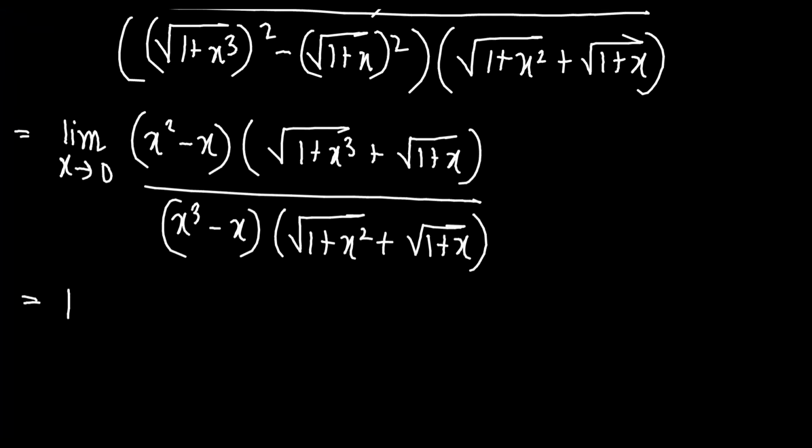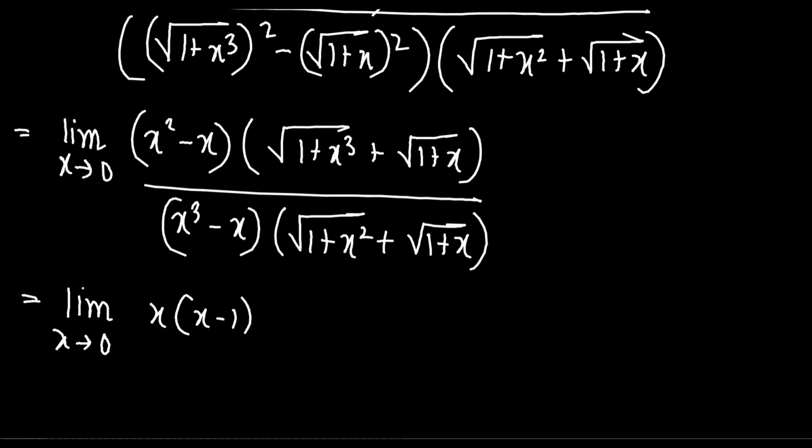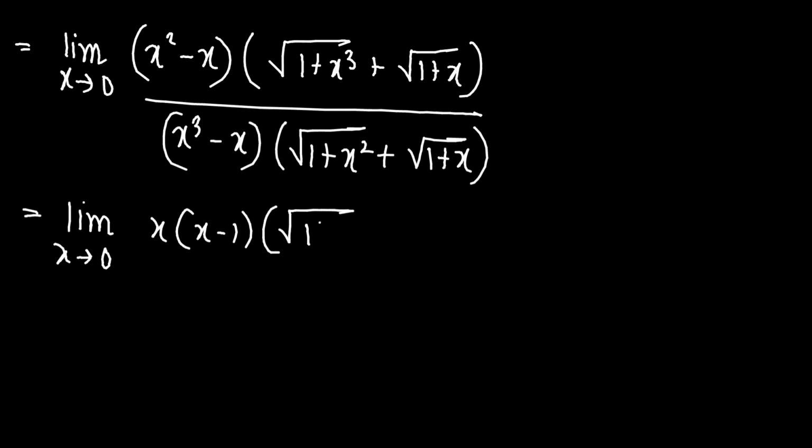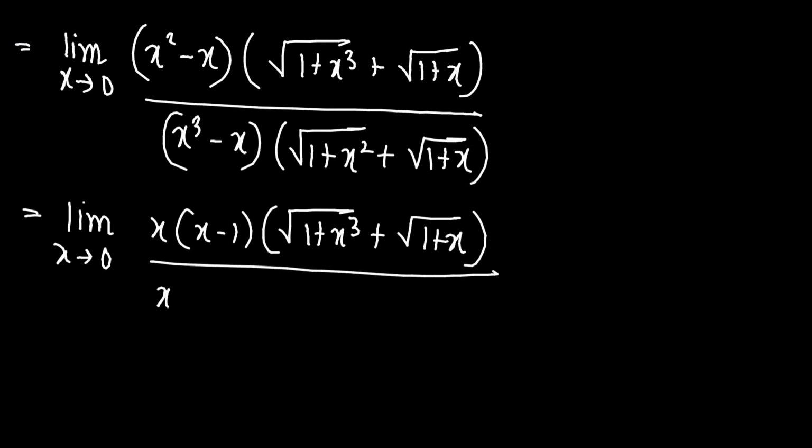Okay, now we take x common, so it is x minus 1 into root over 1 plus x cube plus root over 1 plus x, by x square minus 1 into root over 1 plus x square plus root over 1 plus x.